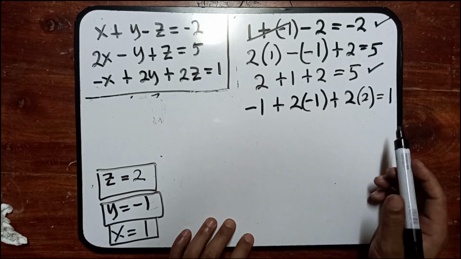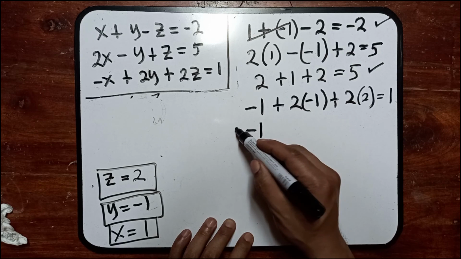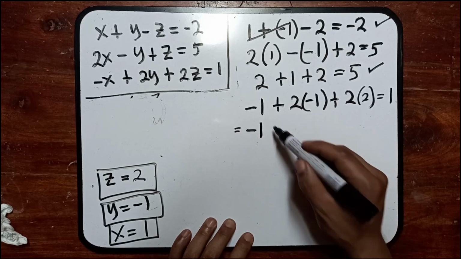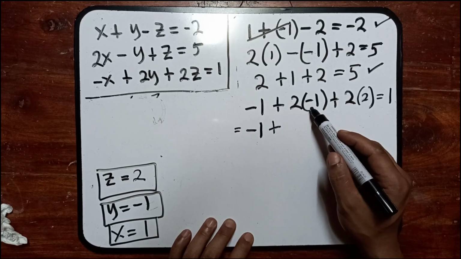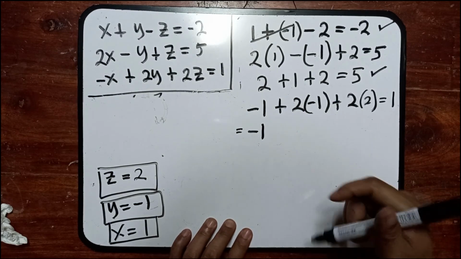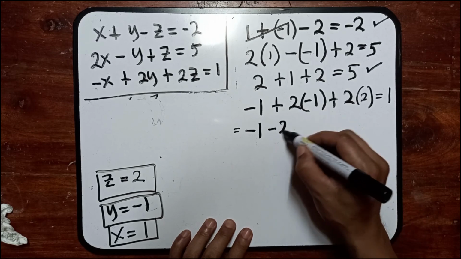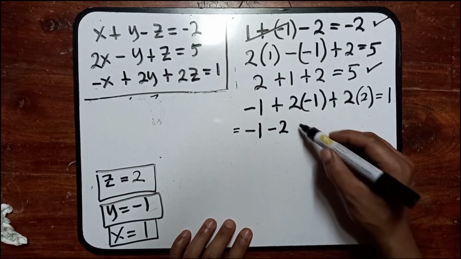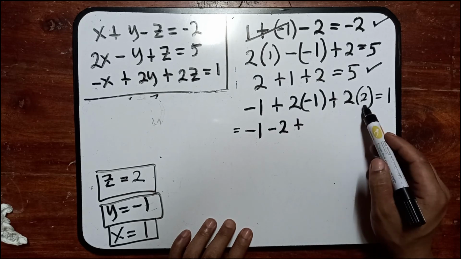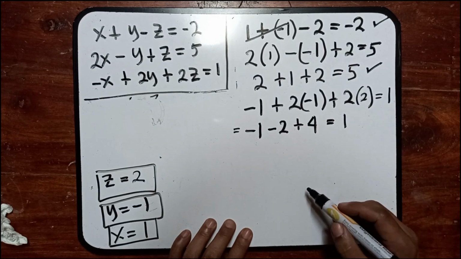So let's simplify this. So negative 1 plus positive 2 multiplied with negative 1, this becomes negative 2. Okay? Plus 2 times 2, this is 4, equals 1.